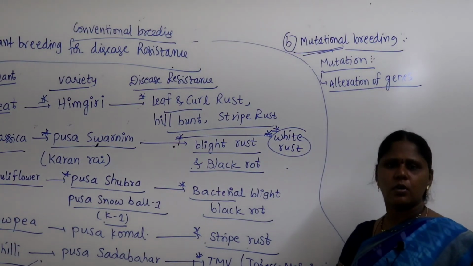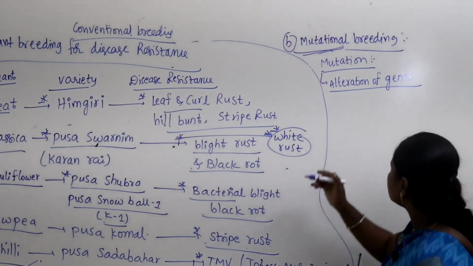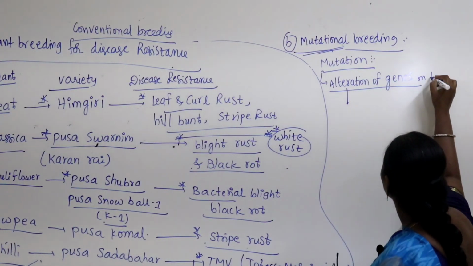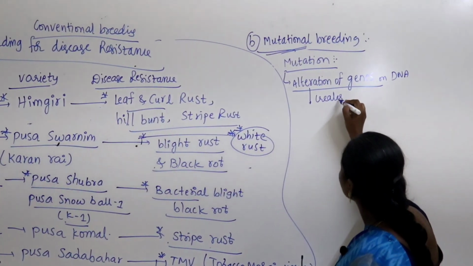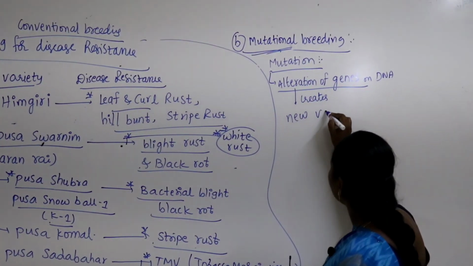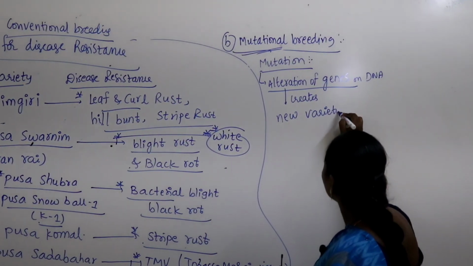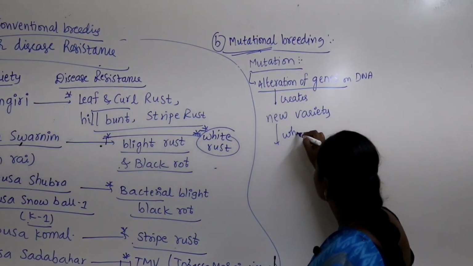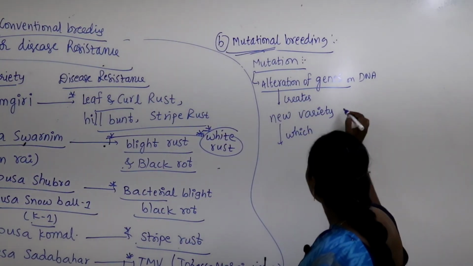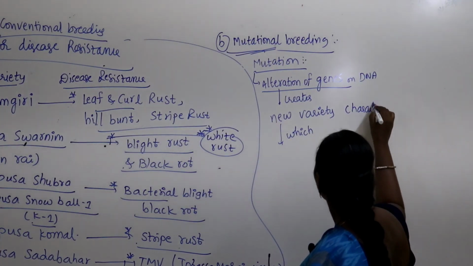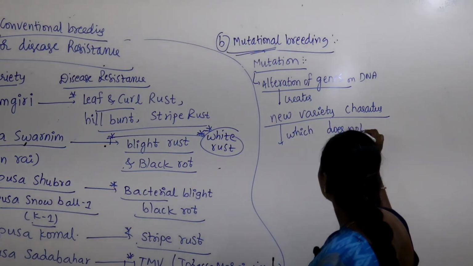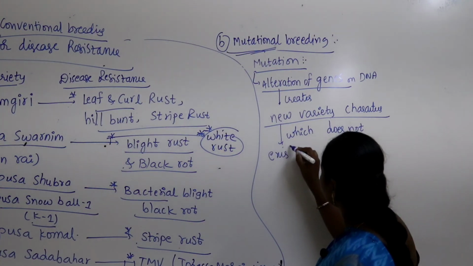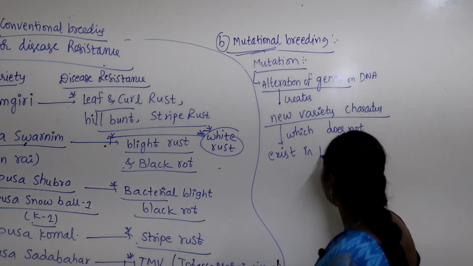Mutation clearly speaks about alteration of genes on DNA, and that creates a new variety, a new character or characters which do not exist in parents. Which do not exist in parents.